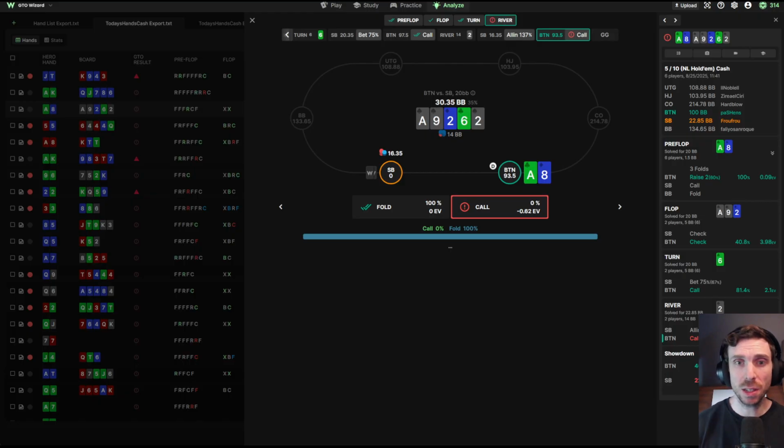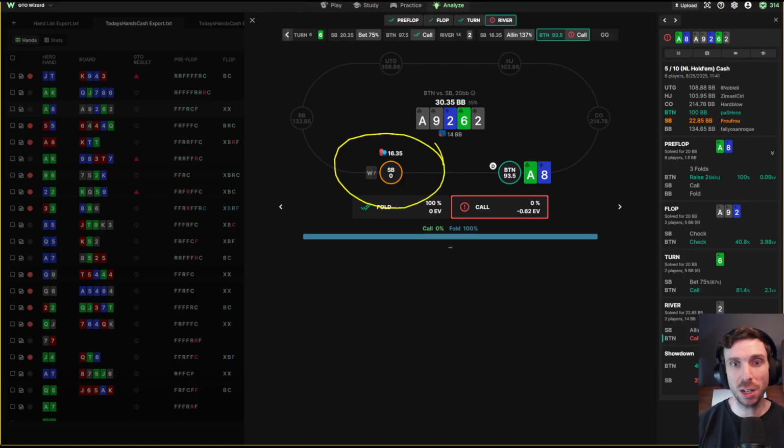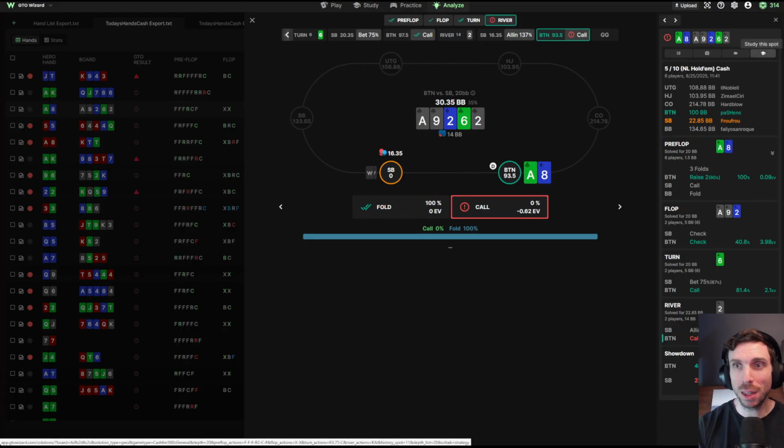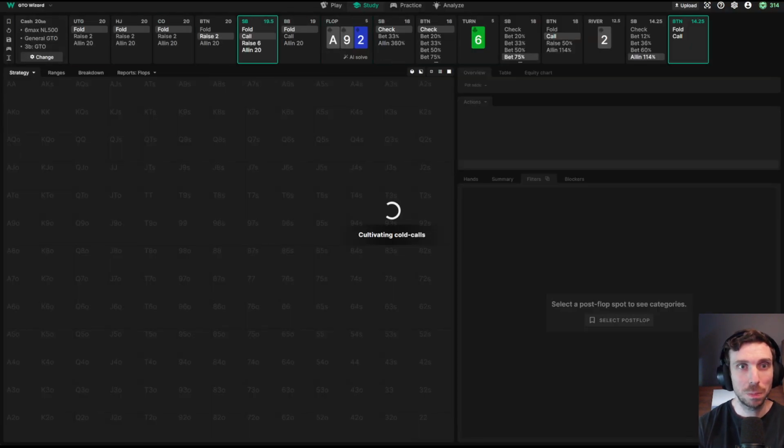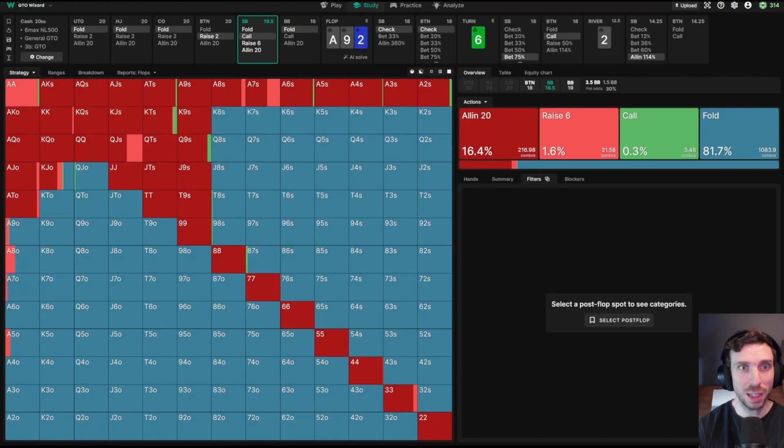But this is a scenario again where I don't think this player is going to be playing like the equilibrium. I think that if we took a look at the range for them defending the small blind at 20 big blinds, you might not really see very many calls, especially if I'm raising to 2.5x.